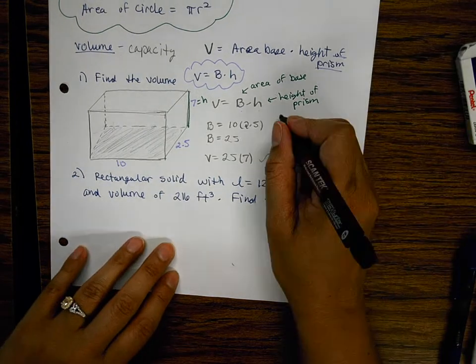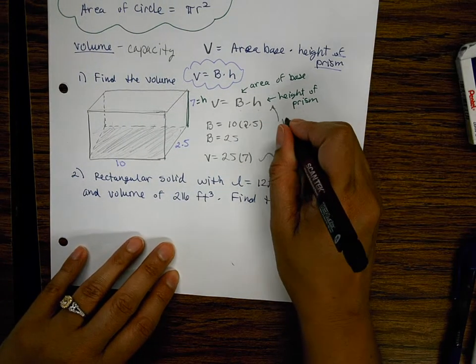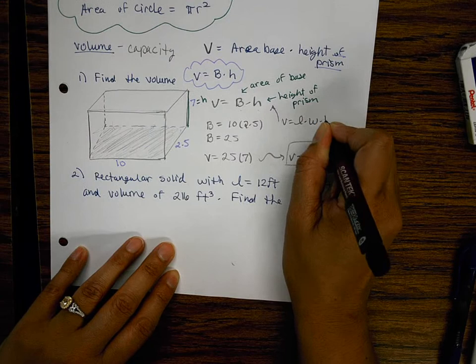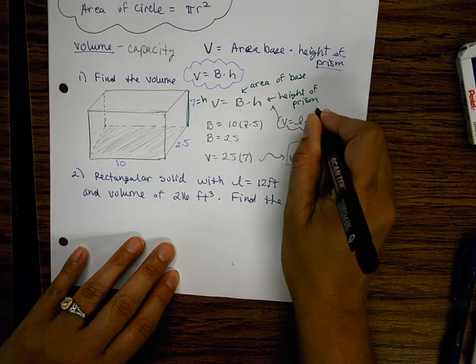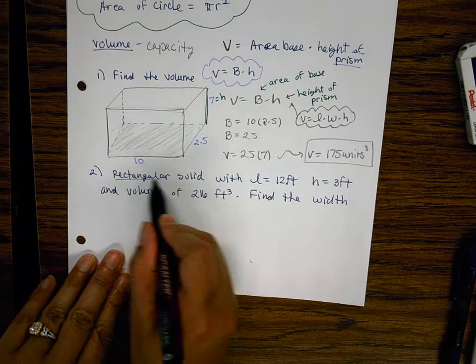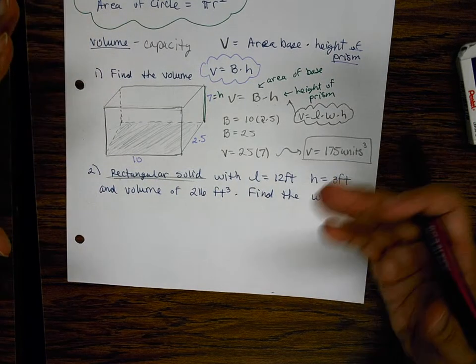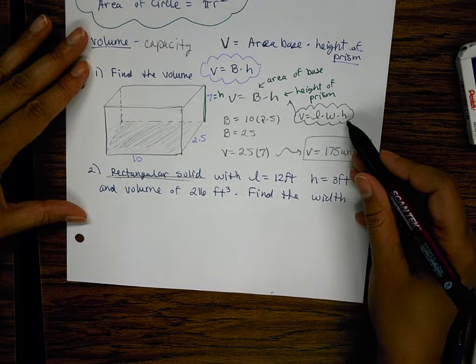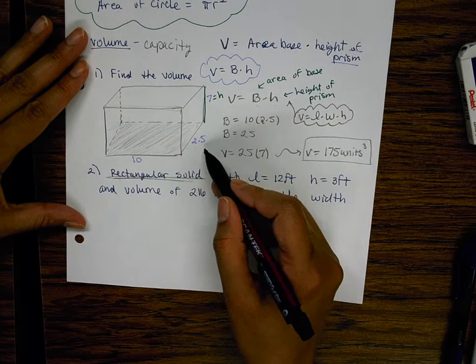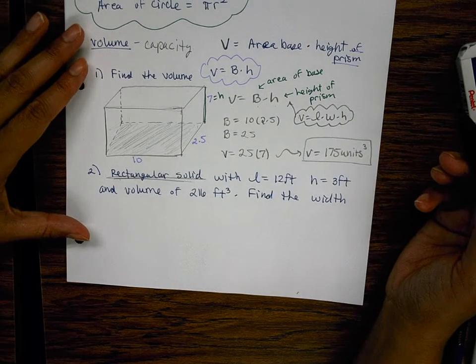So I'm going to put that here. Volume equals length times width times height. That's only when it's a rectangular prism or rectangular solid, which is this here. And sometimes it's easier to think of it as just length times width times height. You could have done 10 times 2.5 times 7 and end up with the same exact answer.